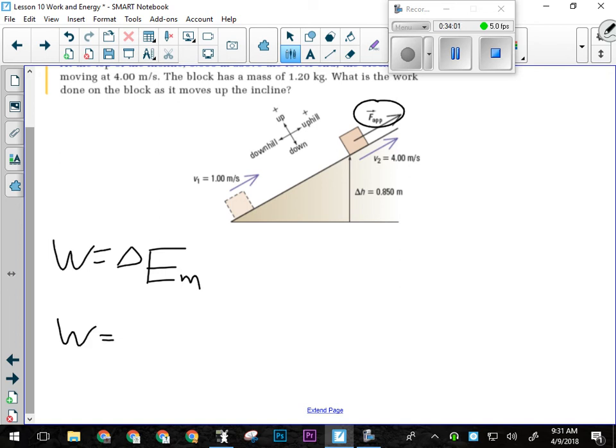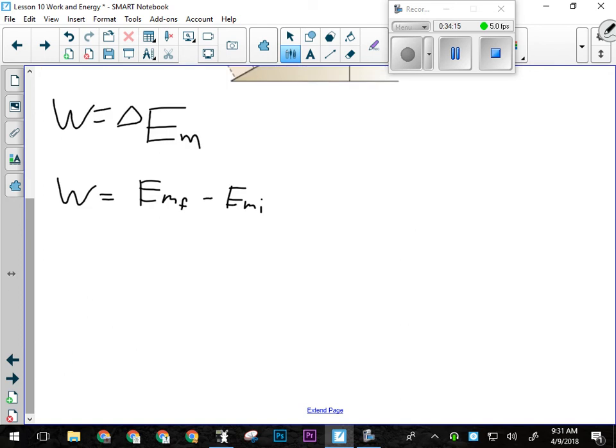Mechanical energy is the sum of both potential and kinetic. And we know that delta means final minus initial. So the mechanical energy final minus the mechanical energy initial. And we can calculate mechanical energy by adding together potential and kinetic. So these 3 things are saying exactly the same thing.